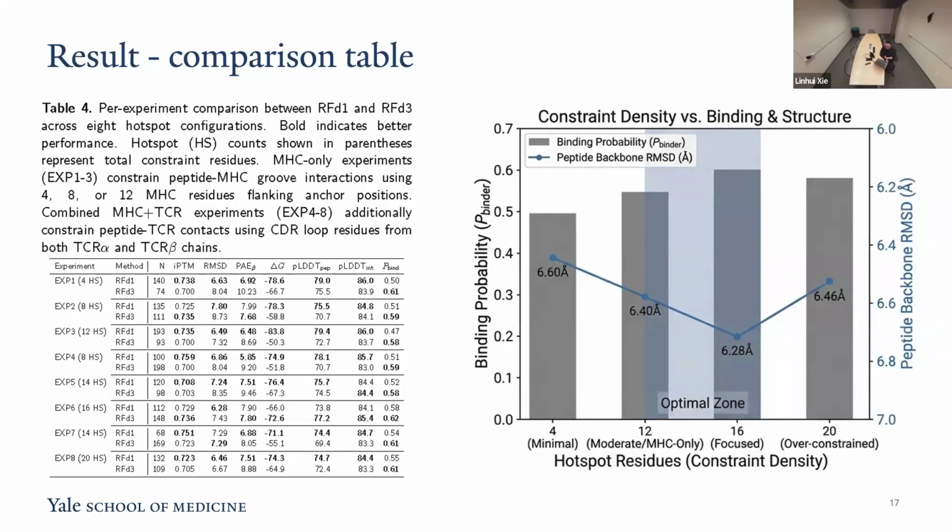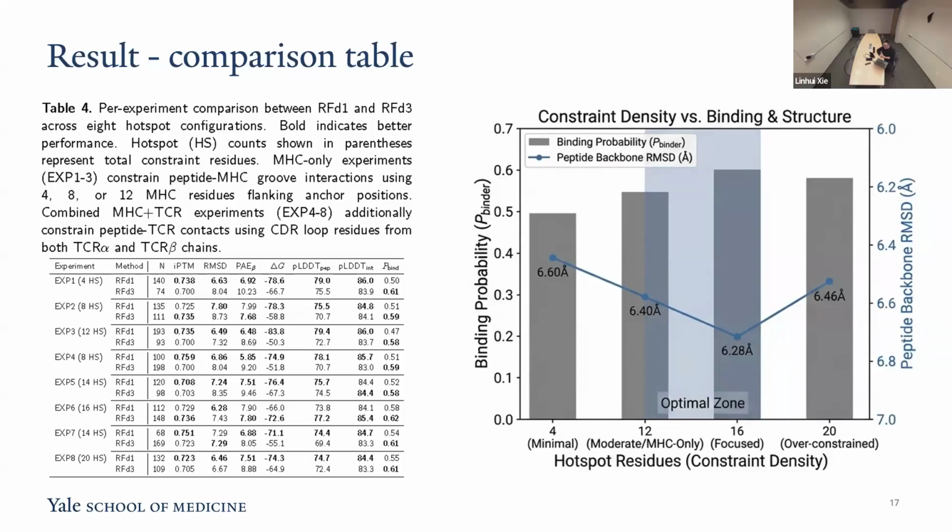Based on this table and the chart on the right, you will see that we actually find the optimal regions, optimal zones. If we define the hotspots, like the contact regions, between the numbers 12 and 16, the overall root mean square deviation for the generated peptide is smaller, and the predicted binding probability is much higher than the other regions.